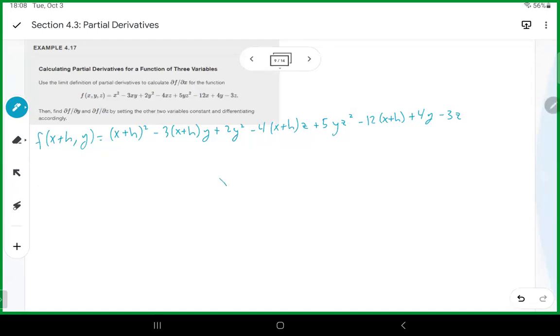So we would get x squared plus 2xh plus h squared minus 3xy minus.